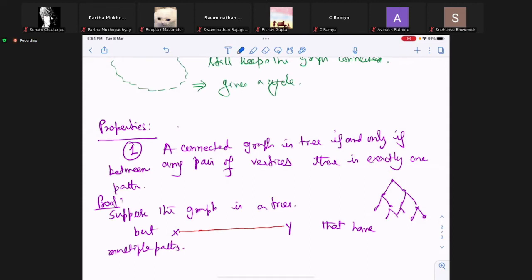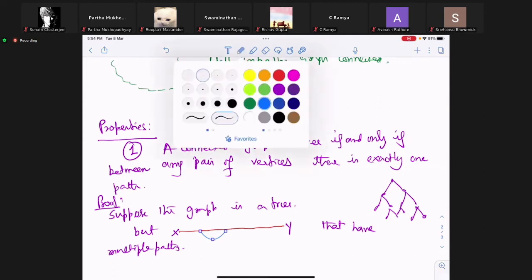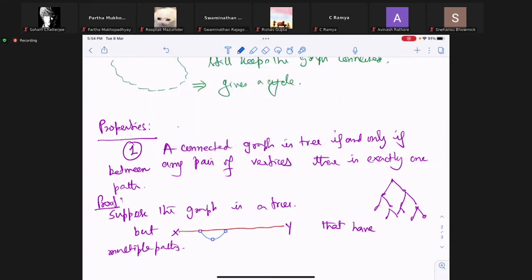Consider the path here, and then it could be like this. If I try to draw these pictures, these boxes are coming, I don't know how. If you have more than one path, then just go from Y to X, then again choose a different path to come to Y. So this is the picture I drew, right? This blue path.